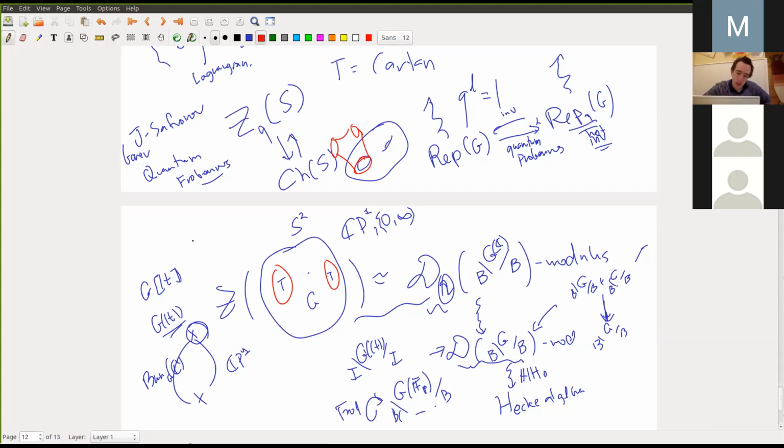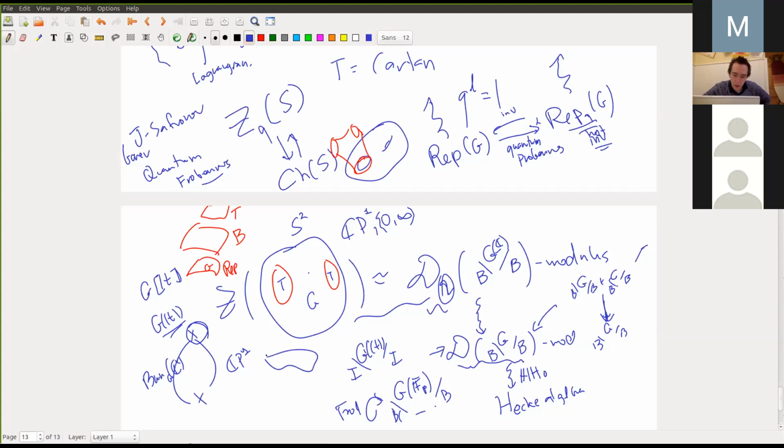Another way to say it is that what you really want is that there's the B theory, there's the G theory, and there's the T theory. And B was supposed to be a morphism between G and T. I can talk about rep Q. I could integrate G on some surface, or I could integrate T on some surface, and then I can draw this kind of picture where I take a three manifold.